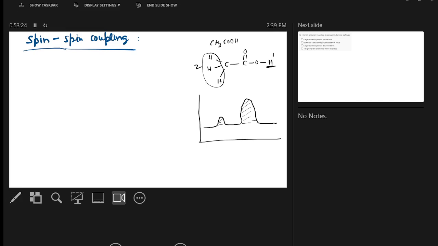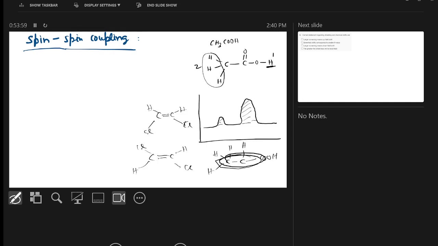For example, let's select one example of an alkene, with CH3 here, and hydrogen and Cl, Cl.